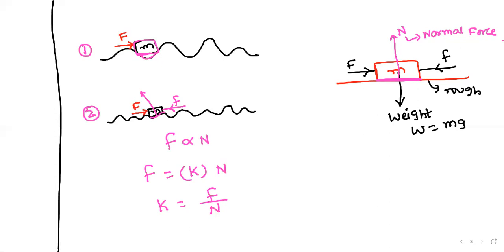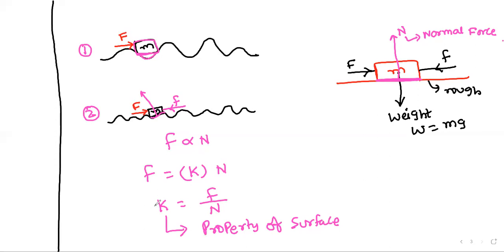N is the normal force acted on the object. So K defines the property of the surface, or we can also say how much irregularity the surface is having. That is defined by K.